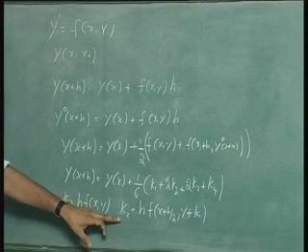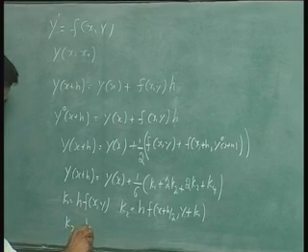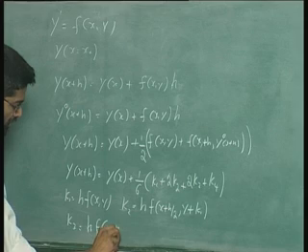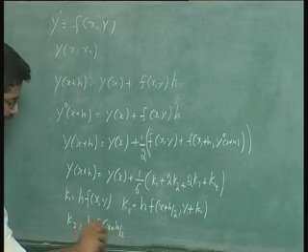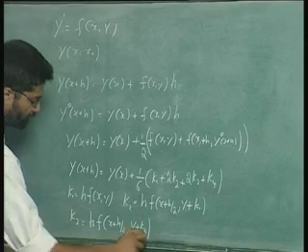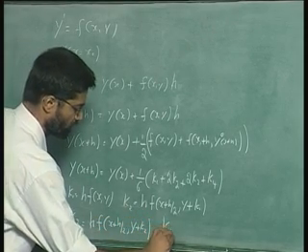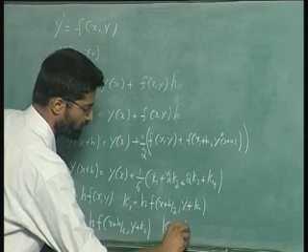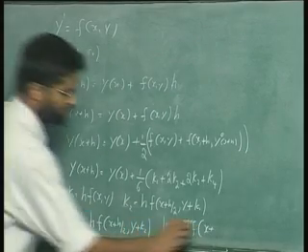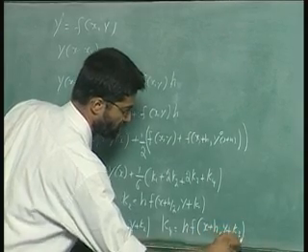And similarly k3 was h times f evaluated at x plus h by 2 and y plus k2 by 2. And then k4 was h into the function evaluated at x plus h, and y plus k3.